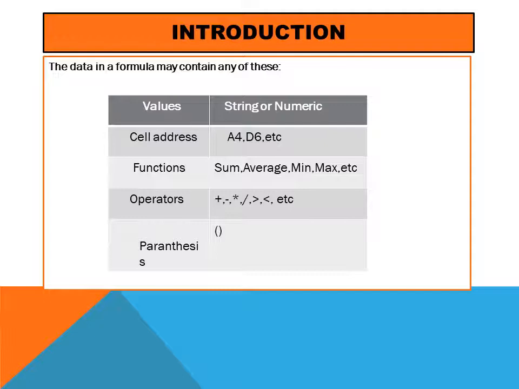Now, remember that for functions, operators and cell addresses it is already mentioned, but for parentheses, we can only use round brackets. So these are all the things that the data in a formula of MS Excel can contain. These are all the things which you can include while framing a formula in MS Excel.